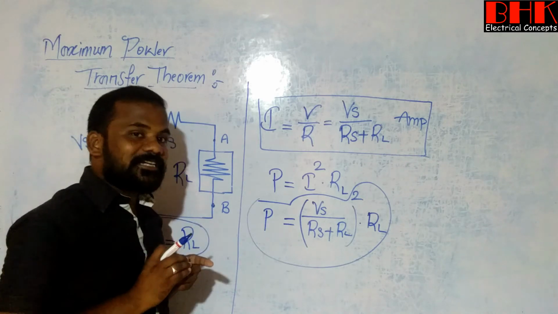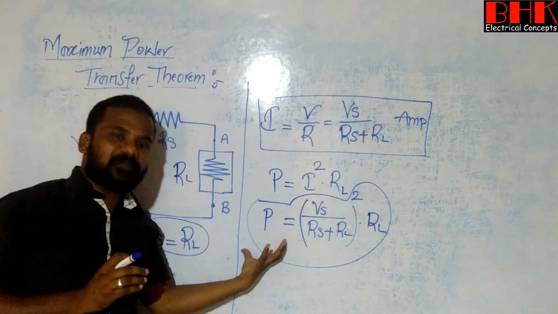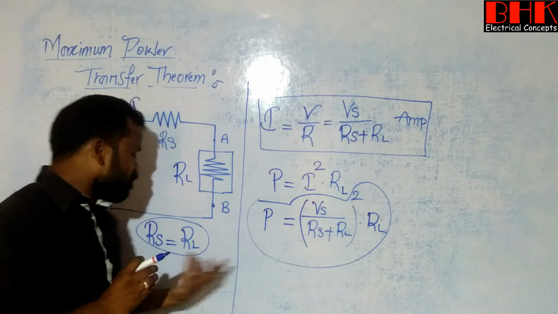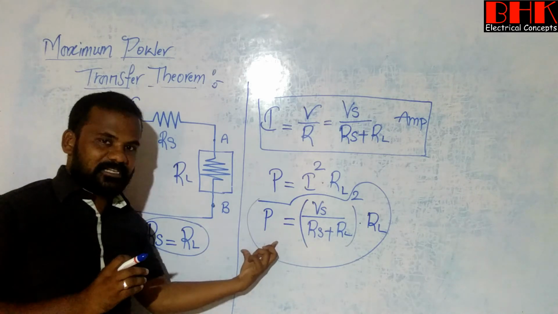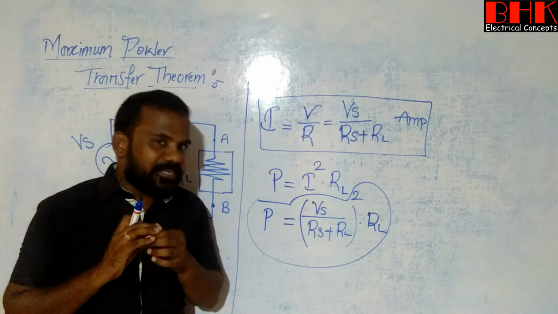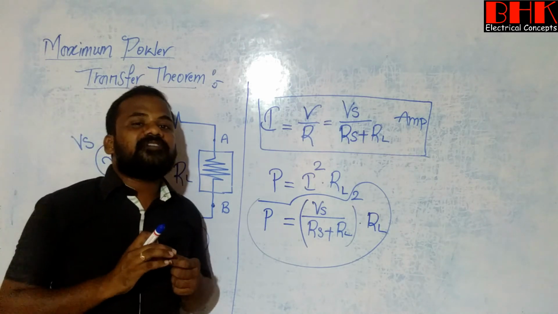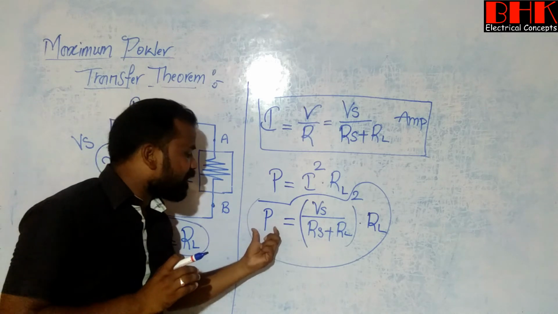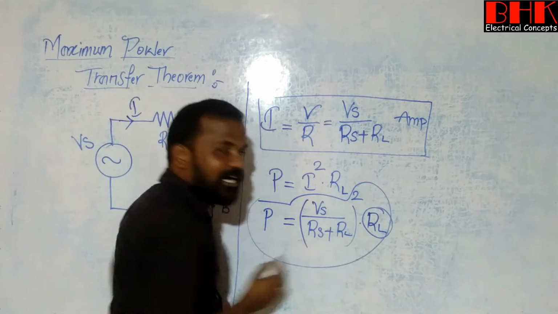But our target is to get the condition Rs is equal to RL with the help of this power expression. How to get it? We need to differentiate the expression of power with respect to load resistance RL.